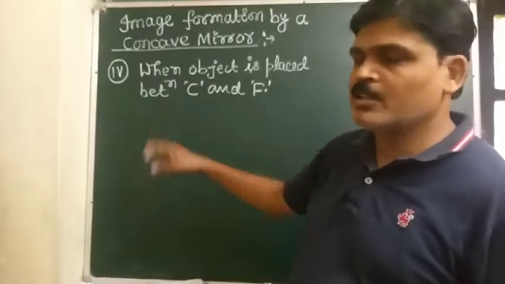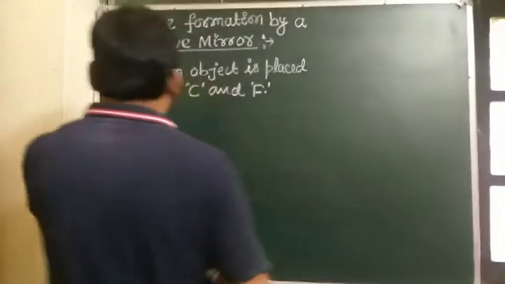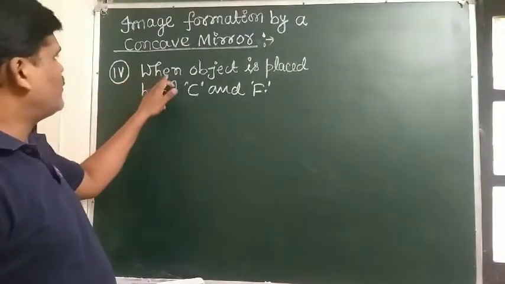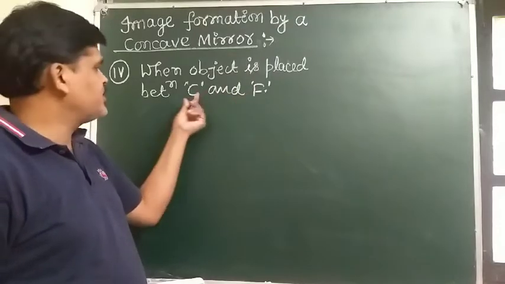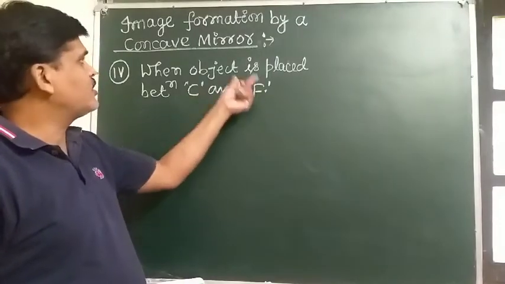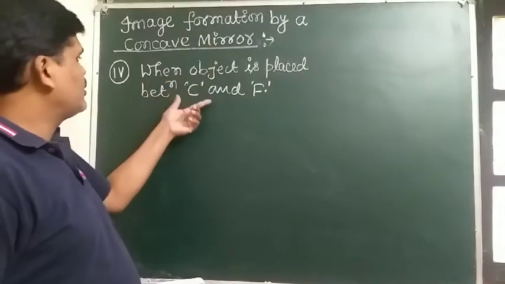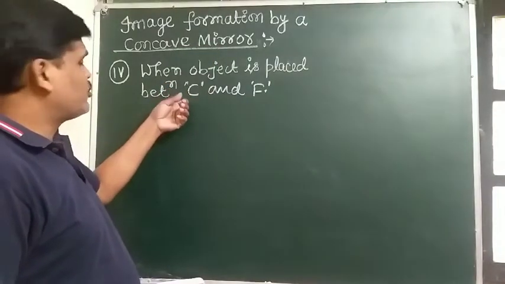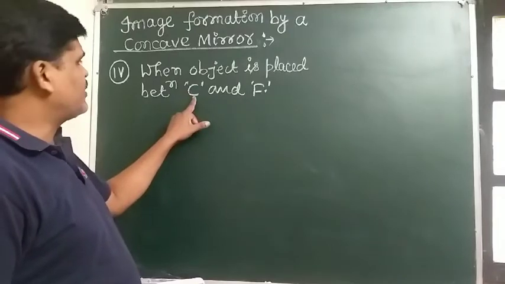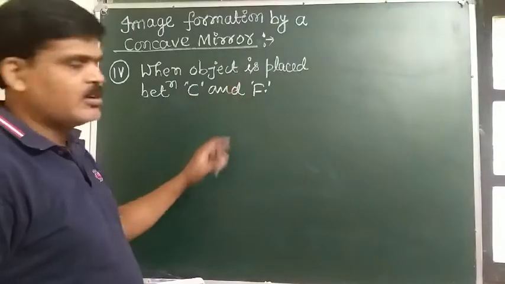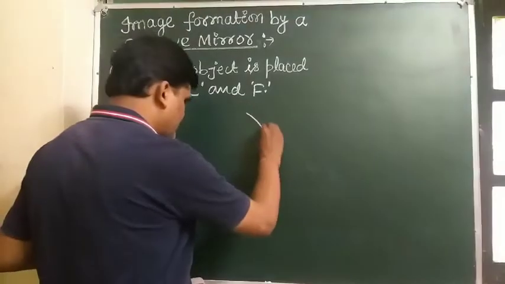Now the next position of the object is when the object is placed between center of curvature and focus of a concave mirror. C means center of curvature.